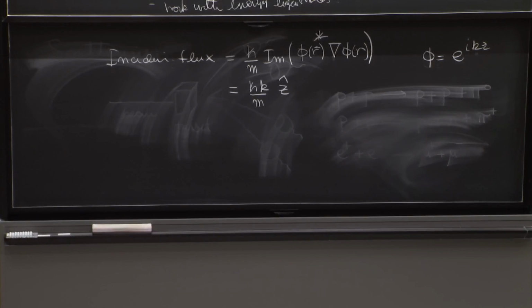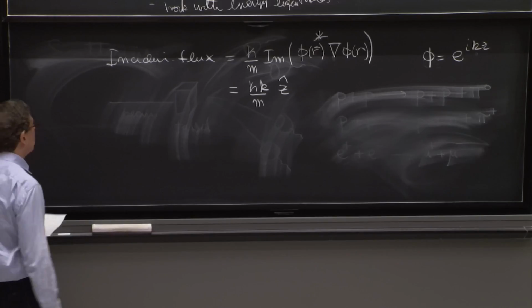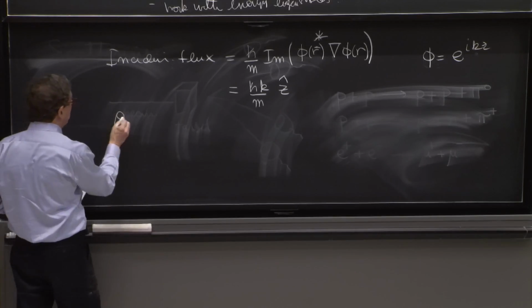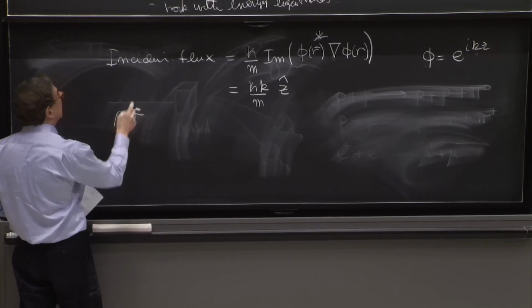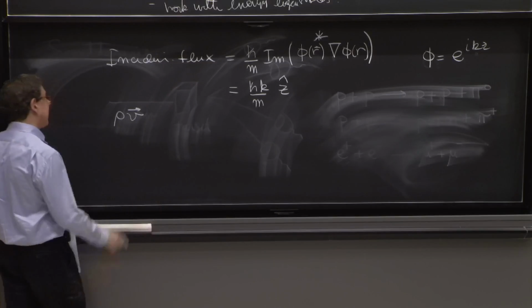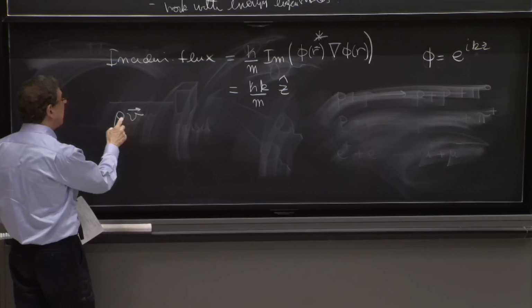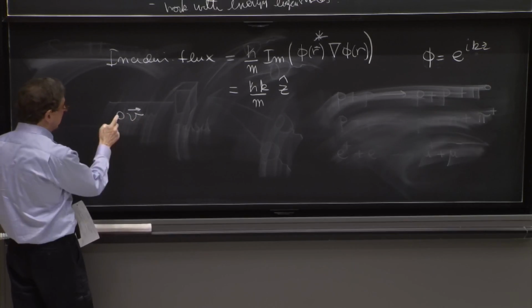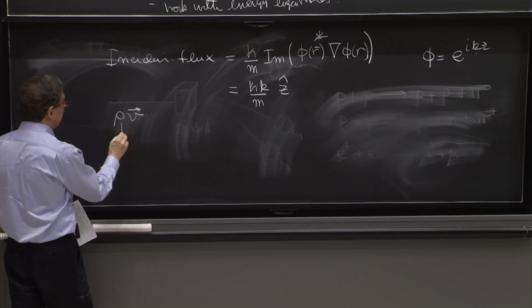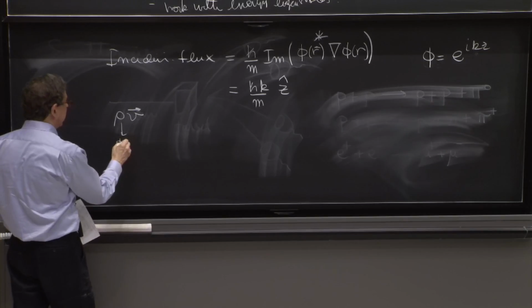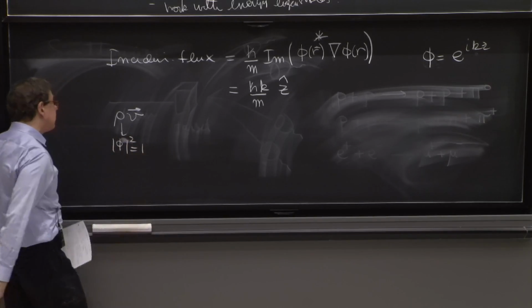This can be thought of as the number of particles per unit area and per unit time. You can also think of it intuitively as rho times v. The incident flux is like the incident current. The current density is rho times v. Rho is phi squared, but that's equal to 1.